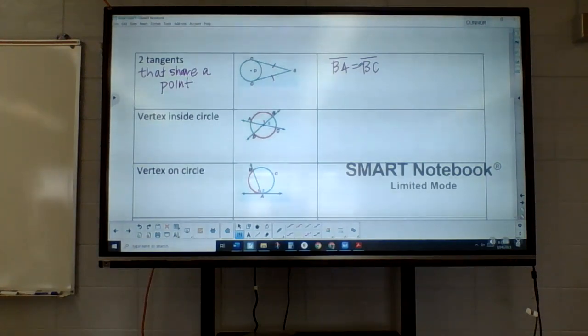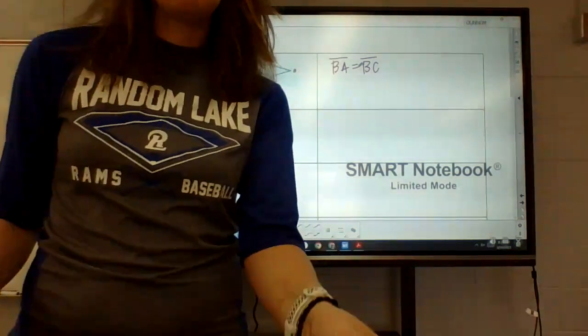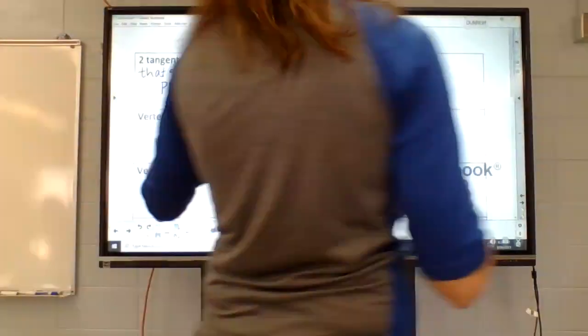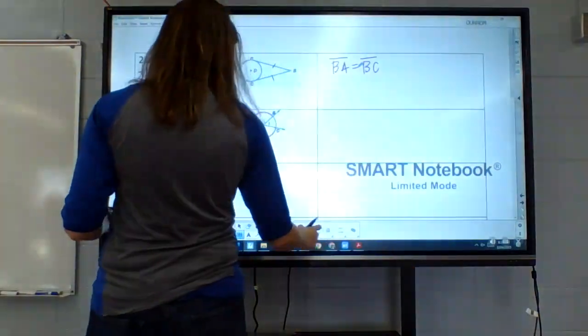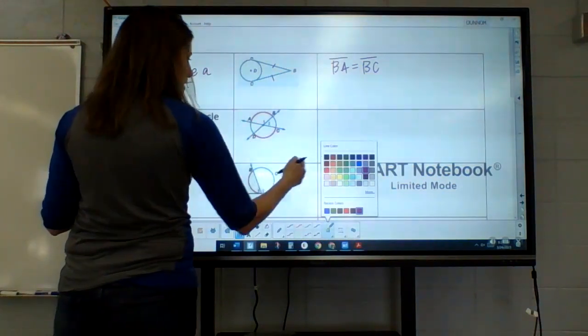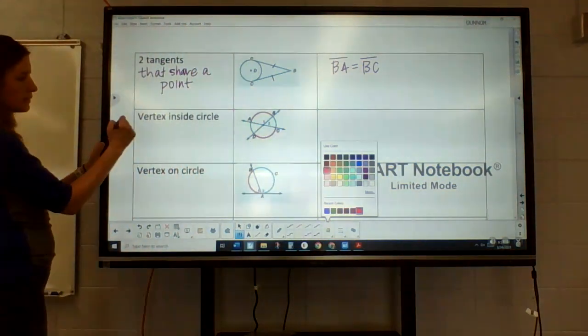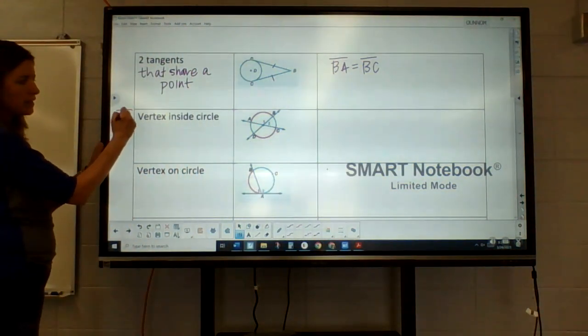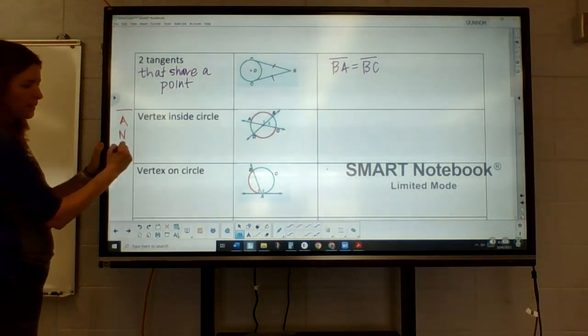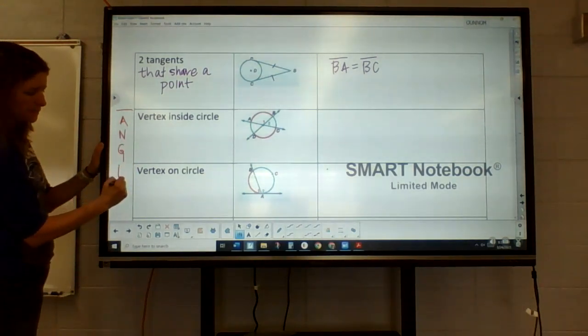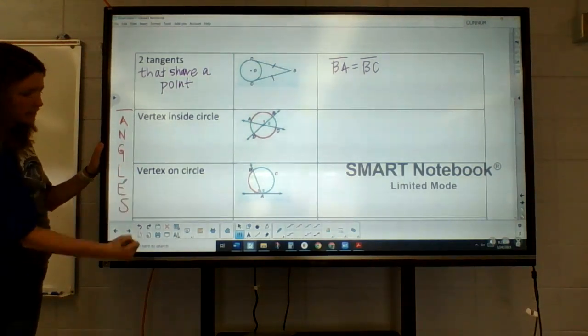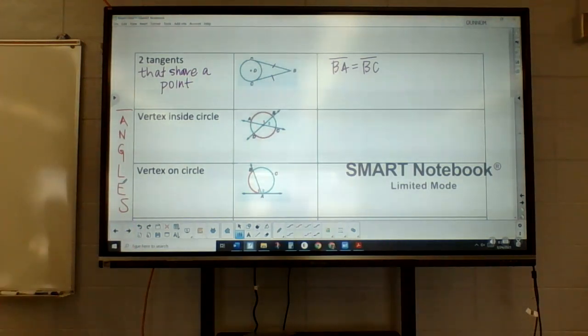All right, so these next few are talking about the vertex of angles. So these next three, if you want to write that down the side, anytime they talk about a vertex, we're talking about angles here. So starting here, down to the third one there.